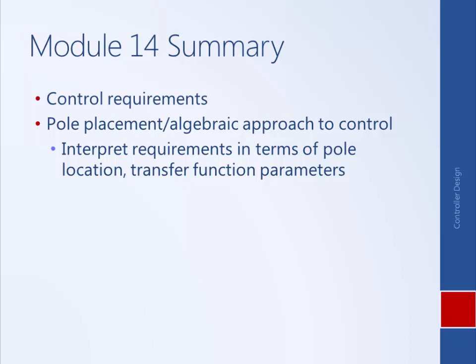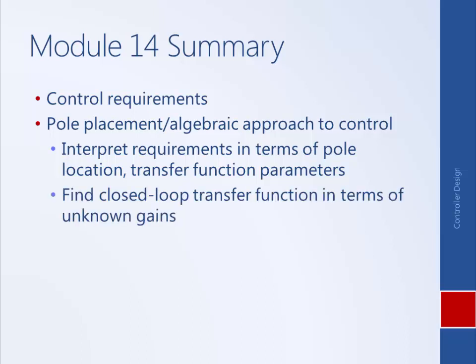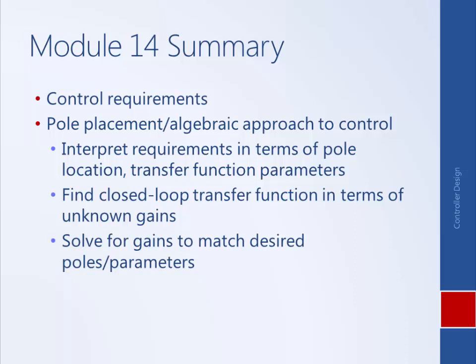And so we take those requirements and we translate them into pole locations, or more generally parameters related to pole location, like sigma, like omega d, etc. We then find the closed loop transfer function so that we can see how the gains affect the transfer function, how the gains affect the closed loop poles. And we solve for the gains to match the desired poles parameters.